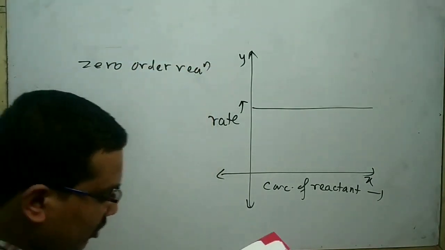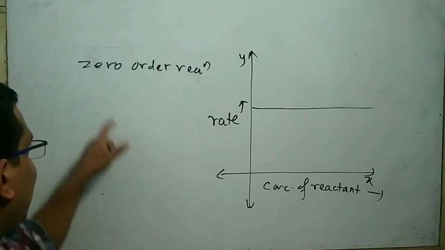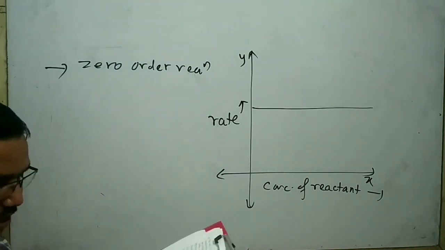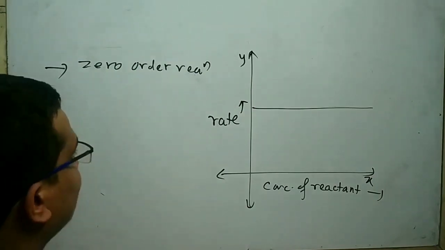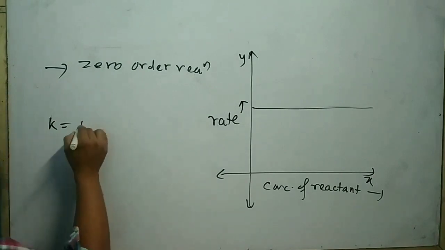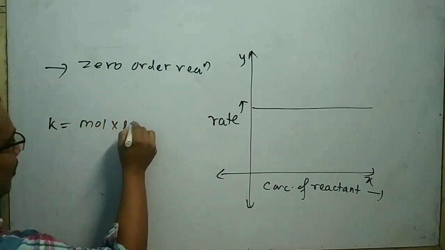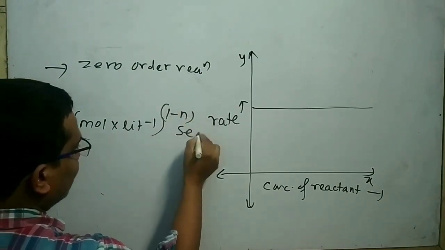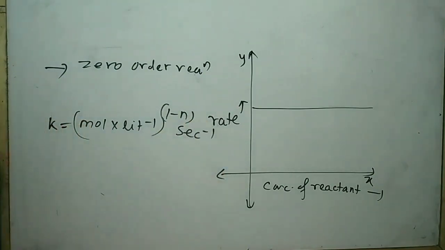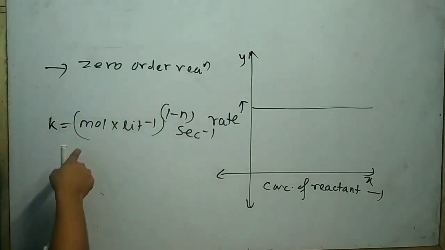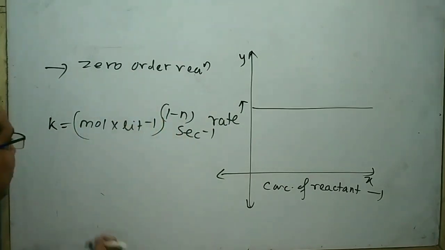So our first question is, what is the order of reaction? The answer is zero order reaction. The second question is, what is the unit of rate constant k for the reaction? For calculation of rate constant, we know a general formula: mole into liter inverse power 1 minus n into second inverse. Here n is the order of reaction, so put n is equal to 0 because it is calculated for a zero order reaction.